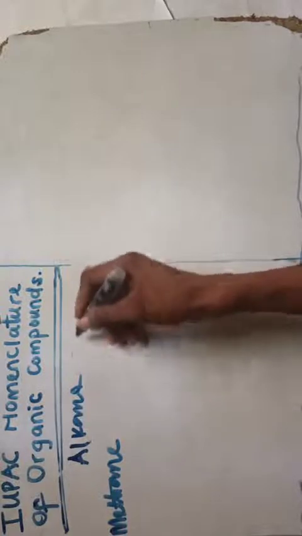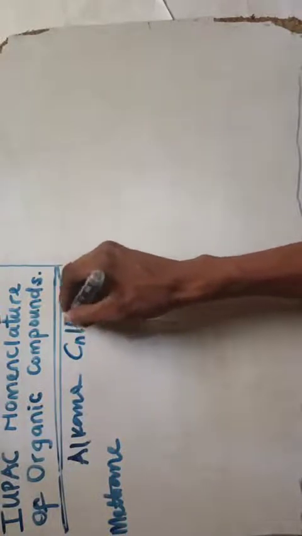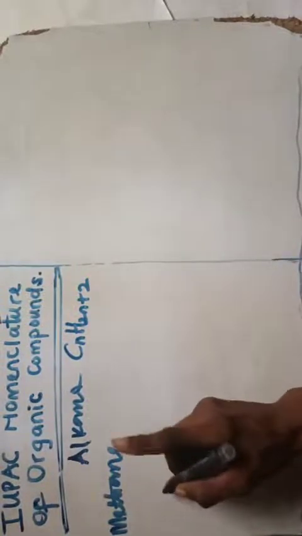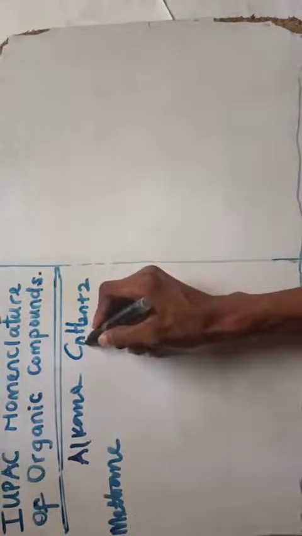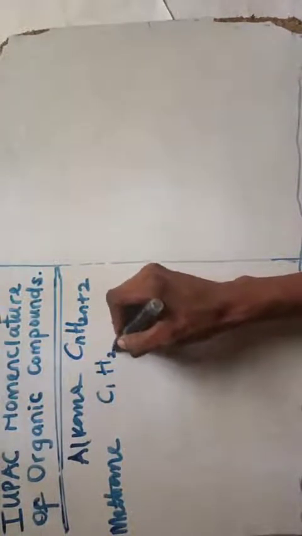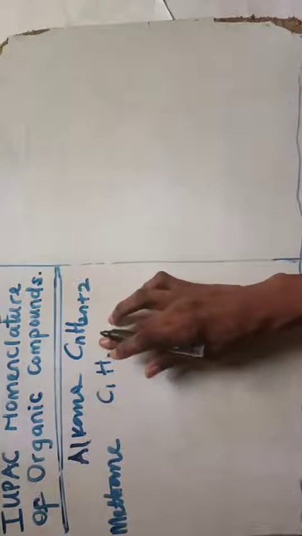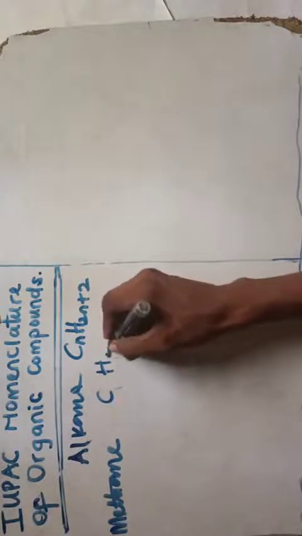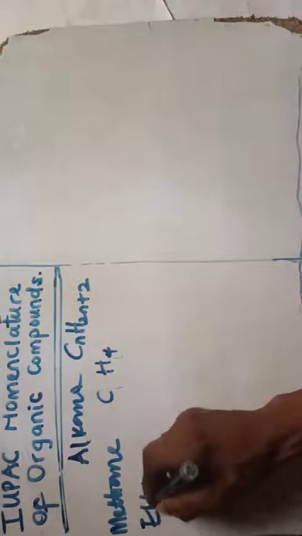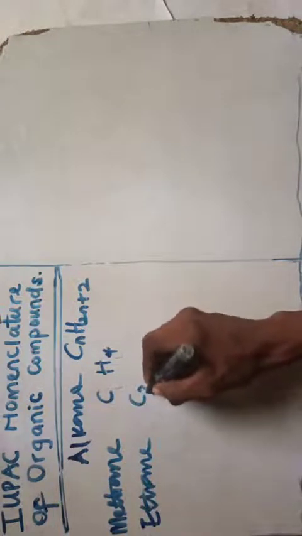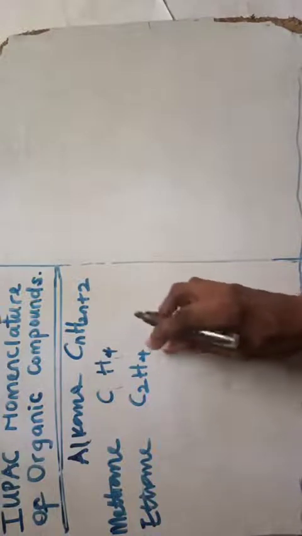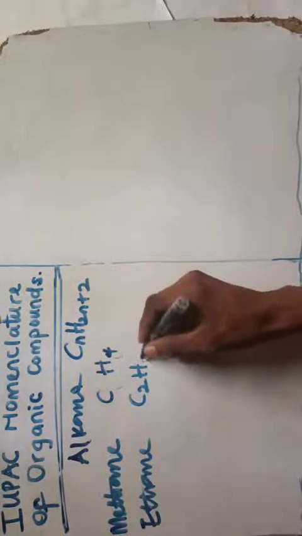The alkane formula is CnH2n+2. When n is 1, that will be C1, H of 2 times 1, that is 2, plus 2, that is 4, so that will be CH4. You get it, right? Then ethane, that is C2H6, and not 4, that was 6.